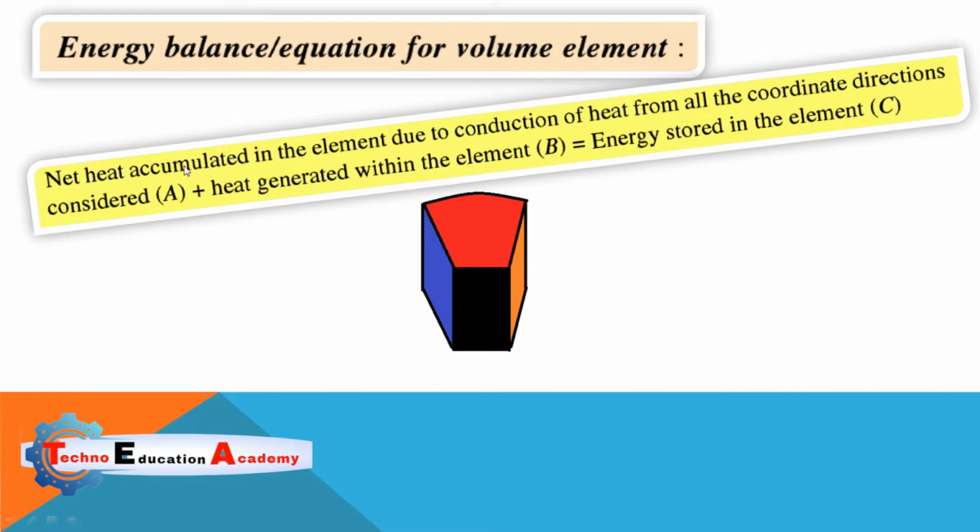First of all, I will try to explain what net heat accumulated in the element is. Let us understand with one suitable example. Here we are considering a small element of a cylinder. Here 200 joule is the entry of heat, and 60 joule is the exit of heat. It means some of the heat energy will be stored in the body.